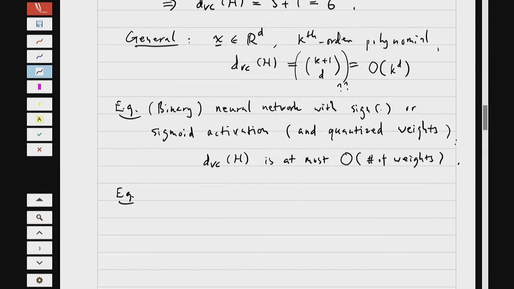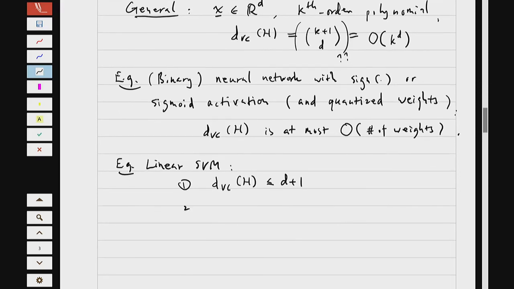How about linear SVM? Turns out that, because we have a margin, it should certainly do better than the linear classifier. In fact, one can show that this is upper bounded by d plus 1, the linear one, which is reasonable.